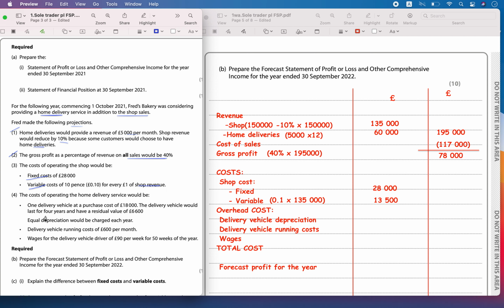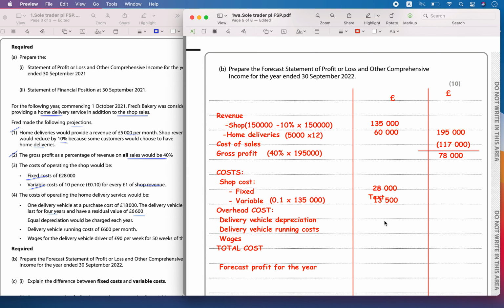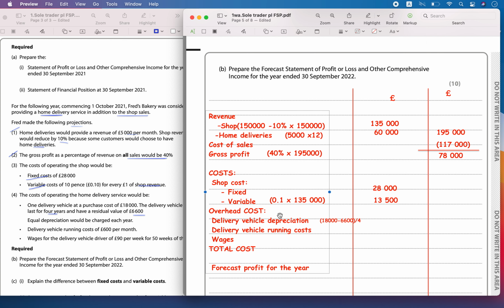And then we have the other costs. First one is one delivery vehicle at a purchase cost of 18,000, and the delivery vehicle would last for 4 years. The residual value is 6,600. So the depreciation cost is going to be 18,000 minus 6,600 divided by 4, because it's going to last for 4 years.